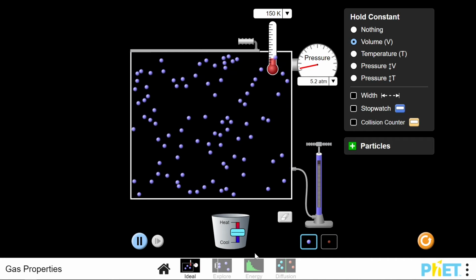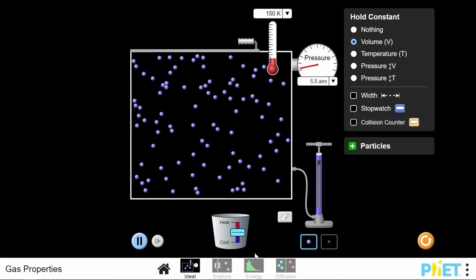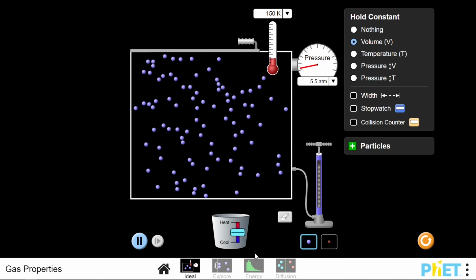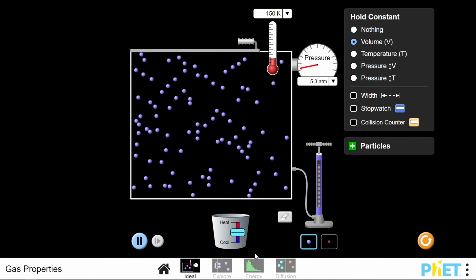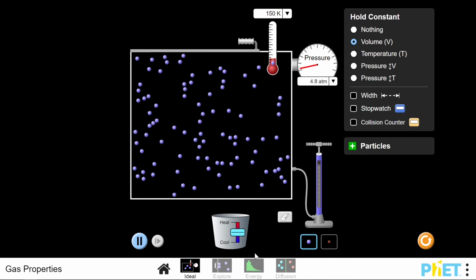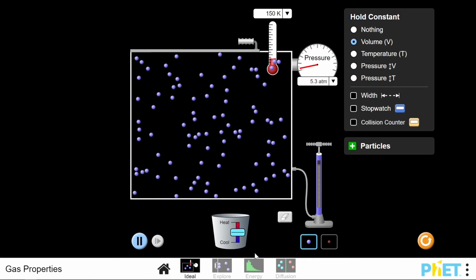So that's maybe 5.3. So our initial pressure was 10.8. Our final pressure was 5.3, about half. And so if we lowered the temperature by 1/2, we lowered the pressure by 1/2. Pressure and temperature are directly proportional.